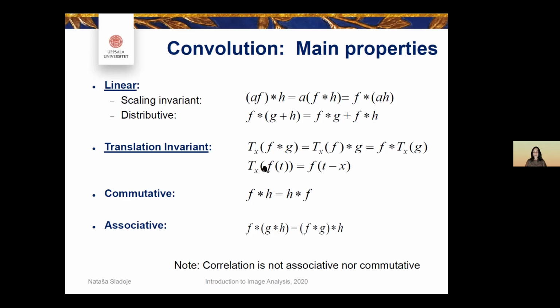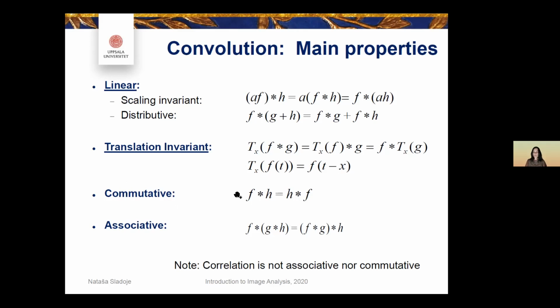Translating the result of convolution of two functions will have the same effect as translating one or the other of the functions before performing the convolution.